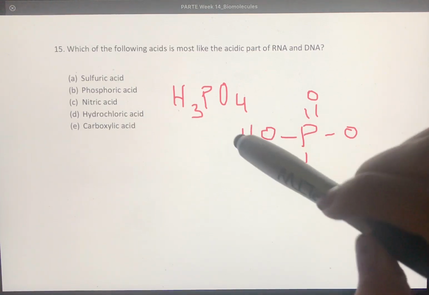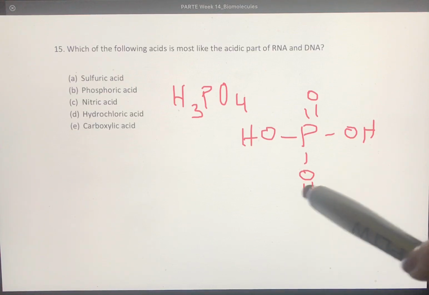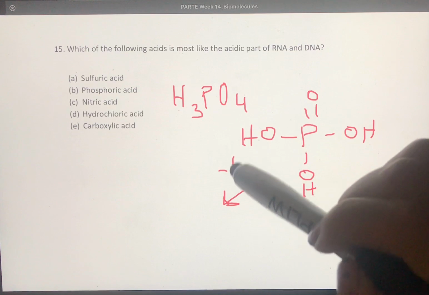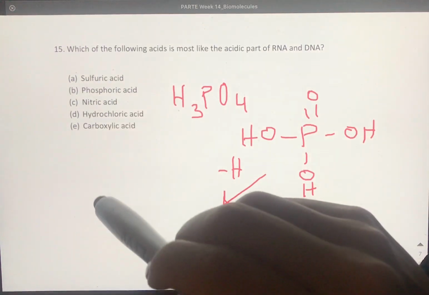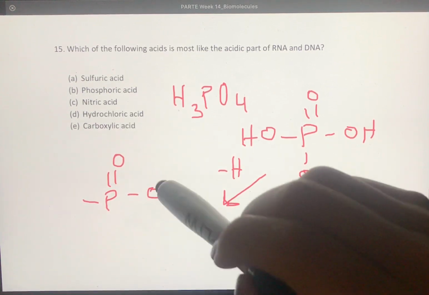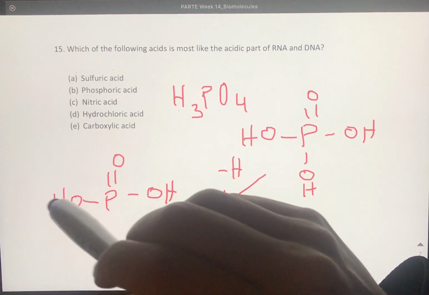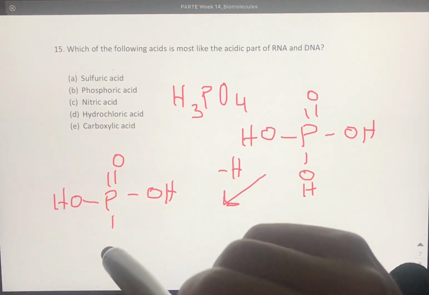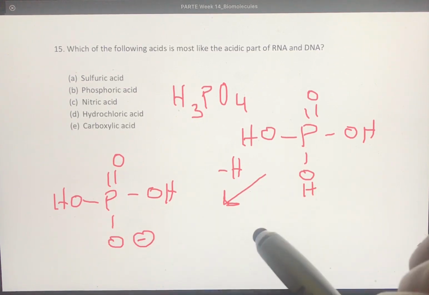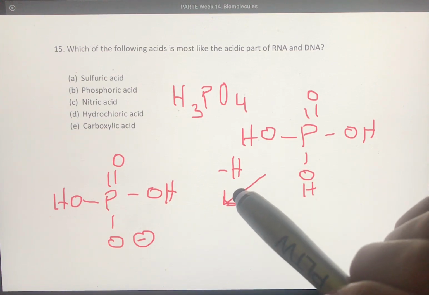So this will have H's on it in this form, but if you put it into water or something, then we can lose our H's. You can lose just one, or you can lose lots of H's depending on how acidic or the pH of your solution is. There's one negative there. So this one looks like a potential.